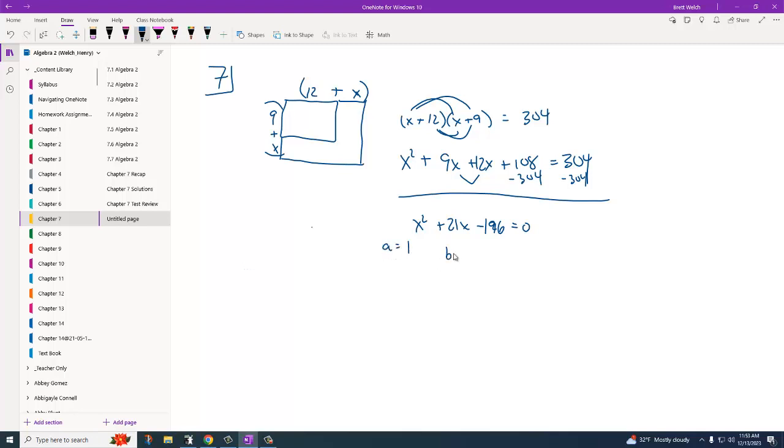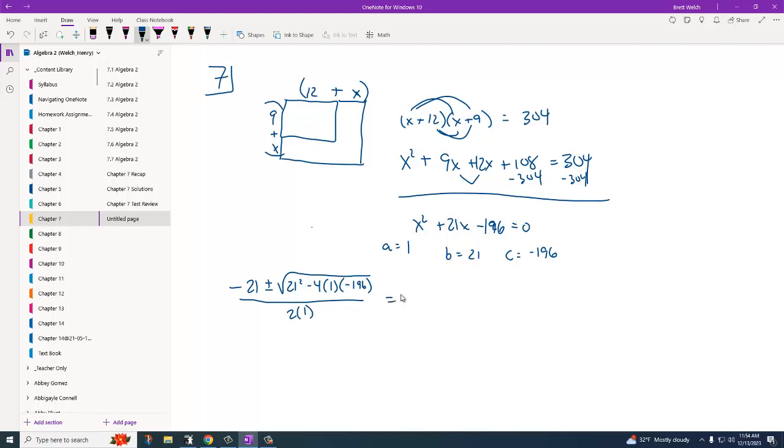A would be 1, B would be 21, and C would be negative 196. So quadratic formula is negative b, negative 21, plus or minus the square root of 21 squared minus 4 times a, which is 1, times c, which is negative 196, all over 2 times a, which is 1.